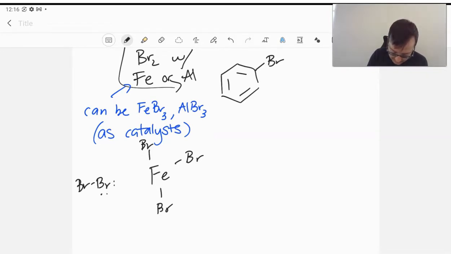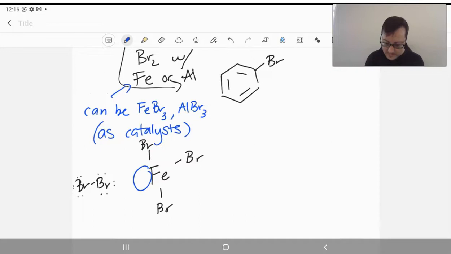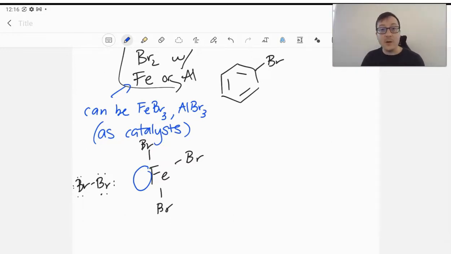Because what's important here is that we have this kind of empty spot here, right? Normally, we like to have octets on things, right? Even if we have a metal there. And we're going to see that because this is an empty orbital, this functions as a Lewis acid. And Lewis acids can be attacked by a Lewis base. Remember, Lewis bases are electron donors, Lewis acids are electron acceptors.